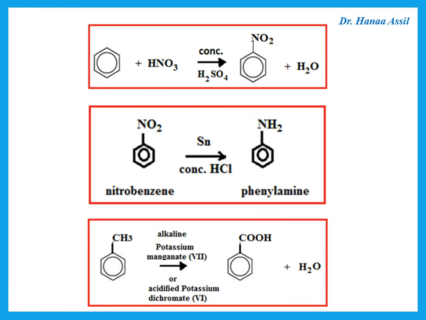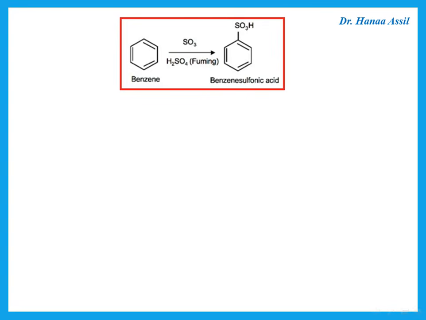So if I have a methyl benzene and I want to oxidize the methyl group so that I get the acid. So to make benzoic acid, for example, I need to react the methyl benzene with alkaline potassium manganate or acidified potassium dichromate.